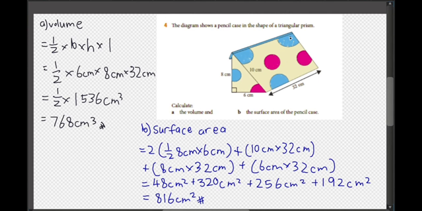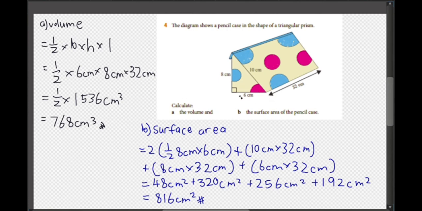This face here is a rectangle. To find its area, we take 10 cm times 32 cm. Now we add the side here, which can't be seen in this diagram, but we know that to find it, we need to take 8 cm times 32 cm, since the side here is also a rectangle.